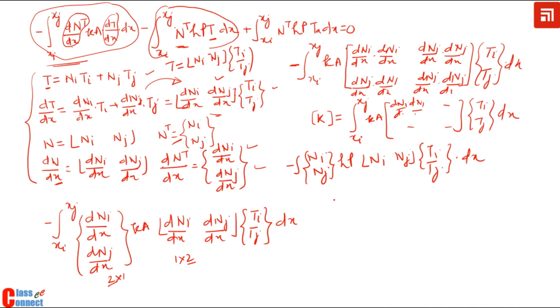So I get this equation as minus integration xi to xj. Here this is 2 into 1 and this is 1 into 2.